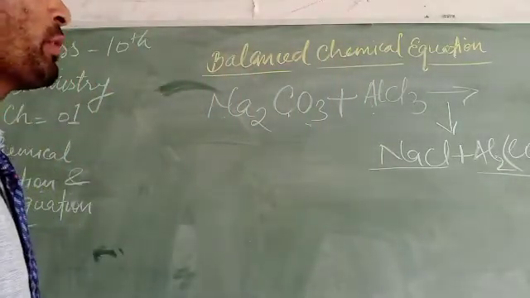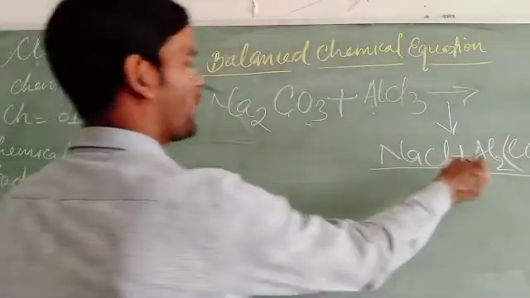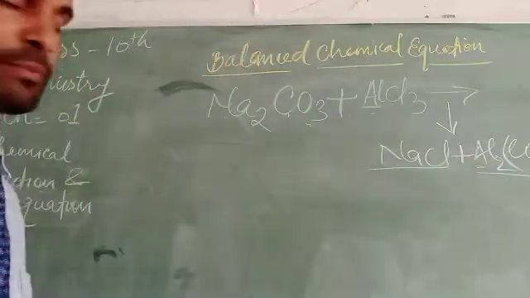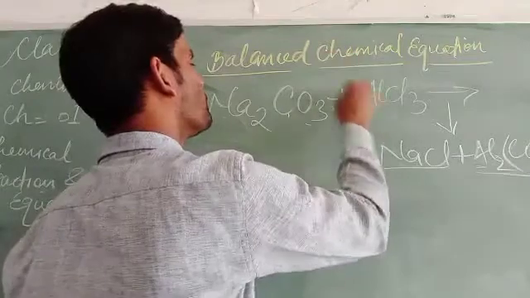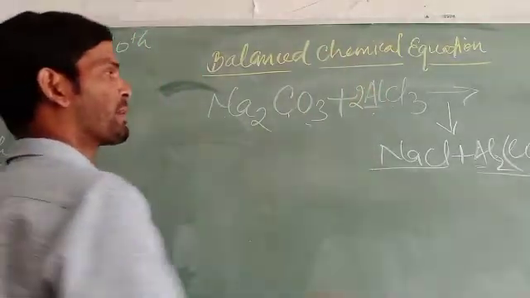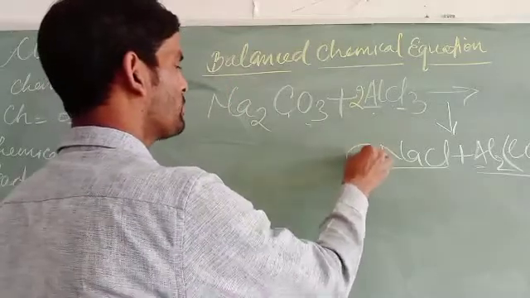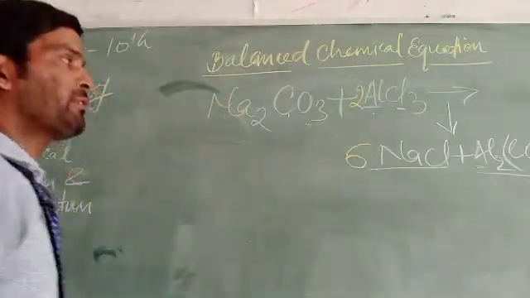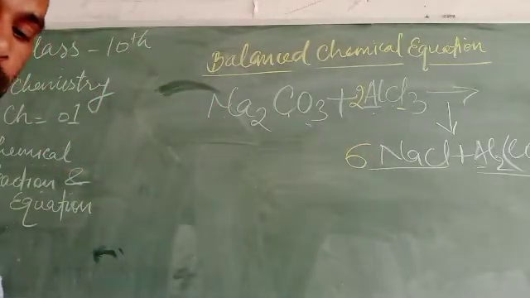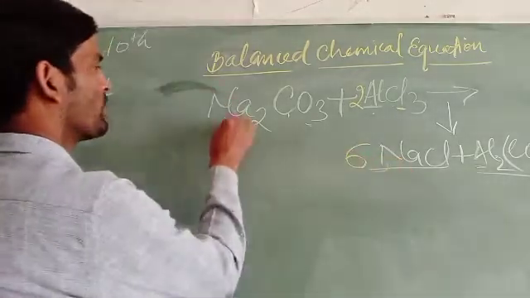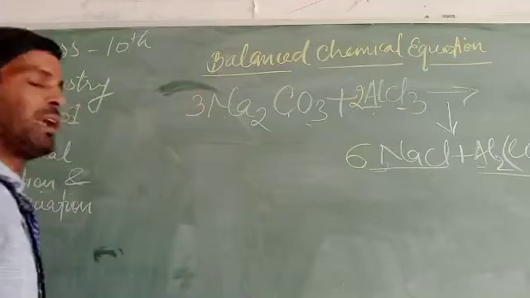If you are going to balance, here is 2 molecules of aluminum and here is 1 molecule of aluminum. So we have to add 2 molecules of aluminum now, but the chlorine has 6 molecules. So we have to write down 6 molecules of sodium, and here is 6 molecules of sodium, so we have to write 3 molecules of sodium.